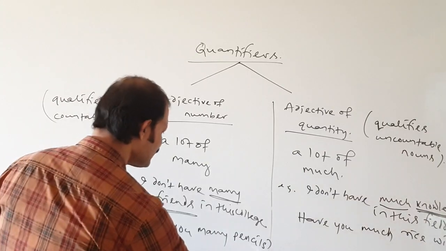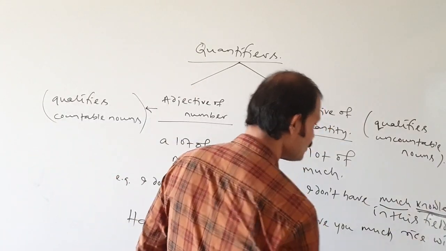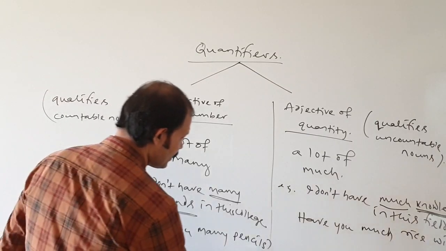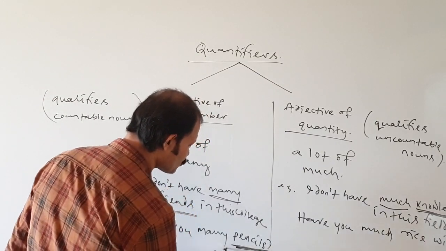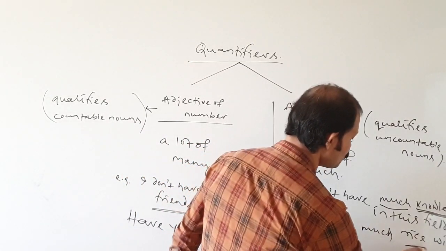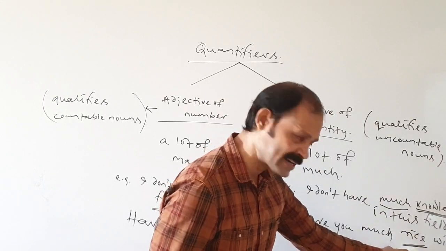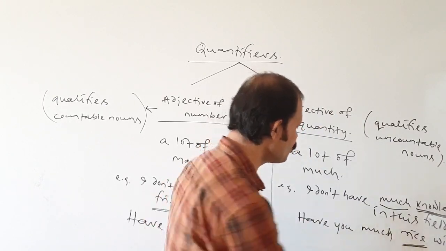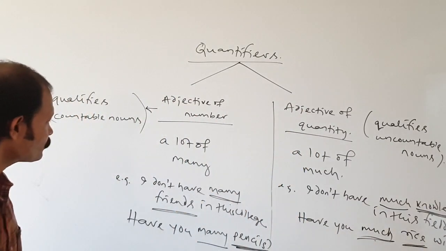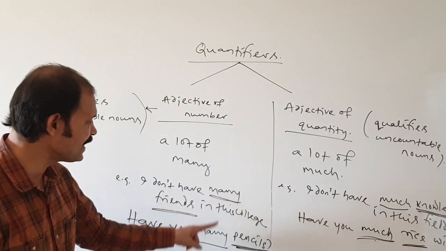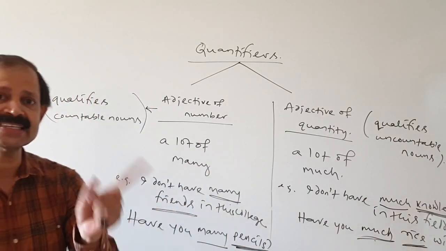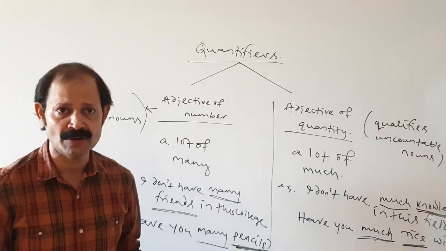So this one is a question sentence, and this one also is a question sentence. Because the sentence is interrogative and the noun is countable, many is applied. Here again it is an interrogative sentence, and the noun to be qualified is uncountable, that's why much is supplied. So check here: when the sentence is negative or interrogative, you have to supply many or much, but when the sentence is affirmative, you have to supply a lot of.